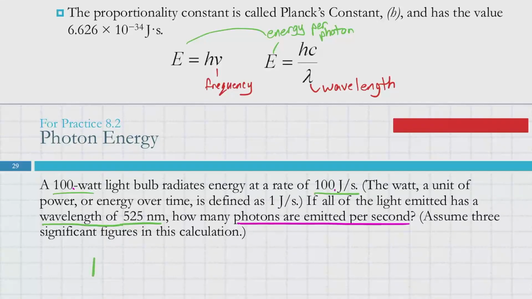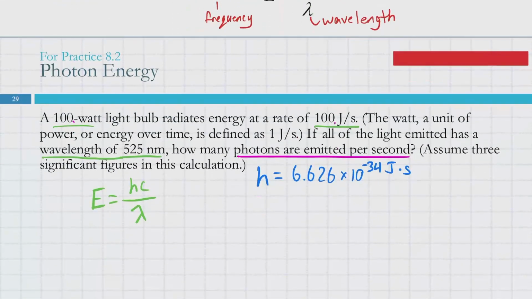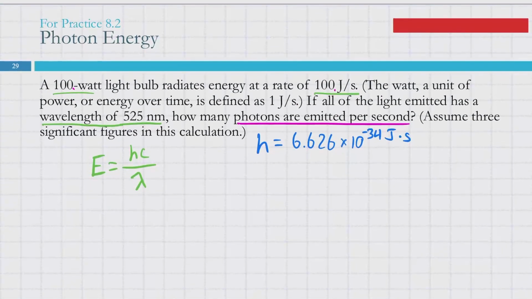So we're going to use E equals h, Planck's constant, c, speed of light, over lambda, since we have lambda. And I'm going to copy down the Planck's constant so that we can scroll down. Sorry, joule seconds, not per second.